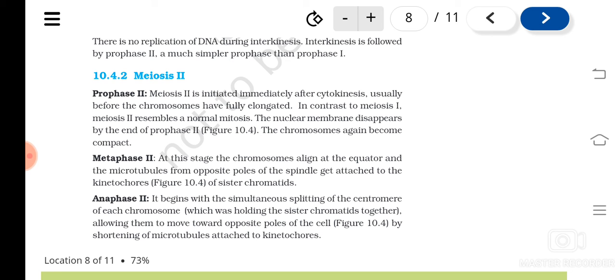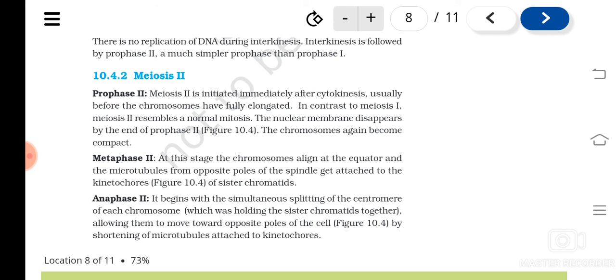Then again in prophase, the nuclear membrane disappears. Chromosomes again will become compact. Condensation of the chromatin network continues and becomes more compact. Then metaphase 2. Here again the chromosomes will get arranged at the equator, and the attachment is individual, just like in mitosis.